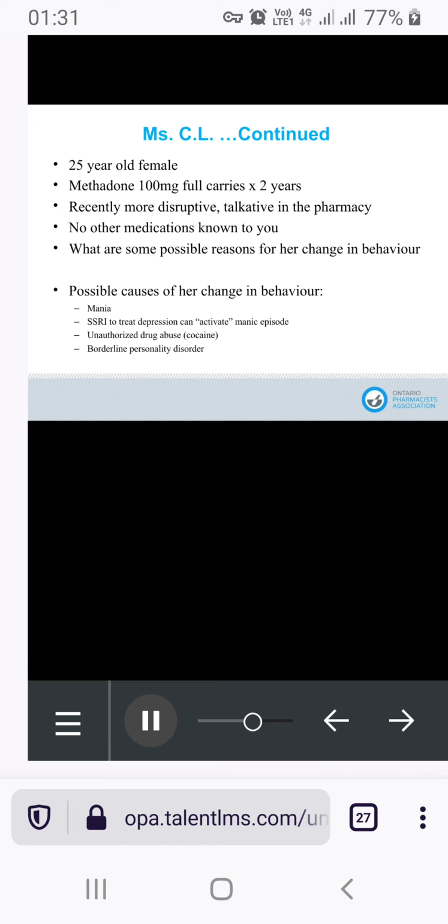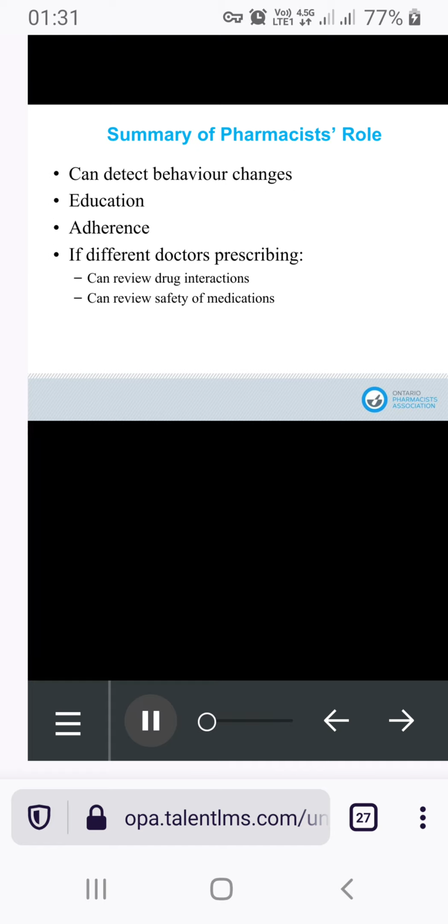Possible causes of her change in behavior: mania, an SSRI to treat depression activating a manic episode, unauthorized drug abuse such as cocaine, and borderline personality disorder. Summary of the pharmacist's role: can detect behavioral change, education, adherence.